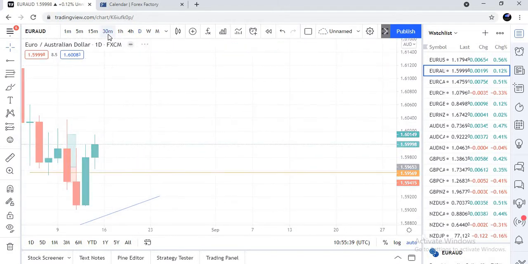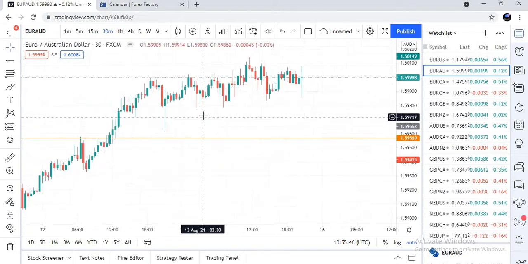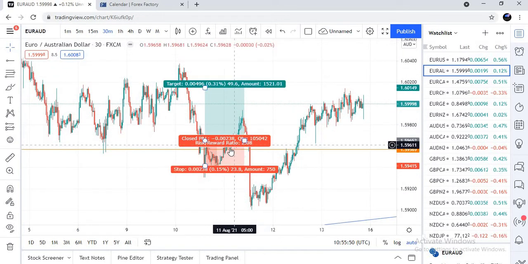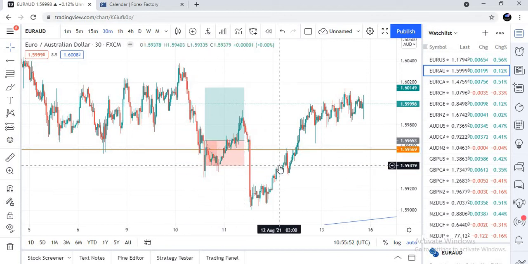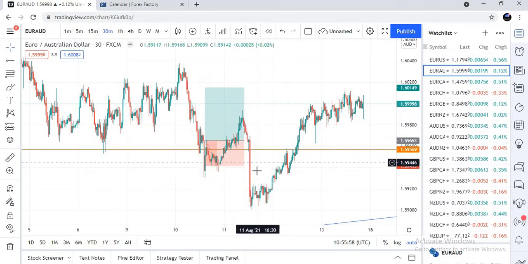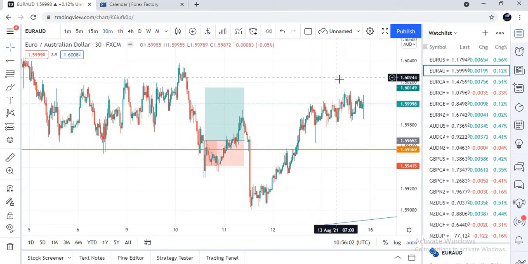Let's move to the 30 minutes time frame. We predicted that this was going to move about 50 pips, and as you can see, this really bearish movement took out our stop loss, and now it's going in our direction as we predicted.